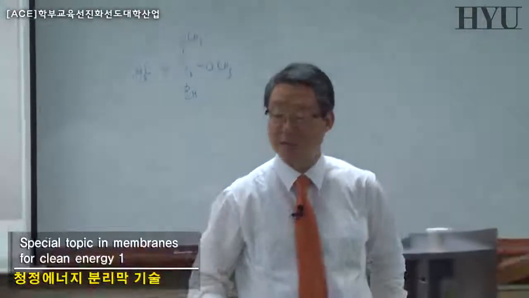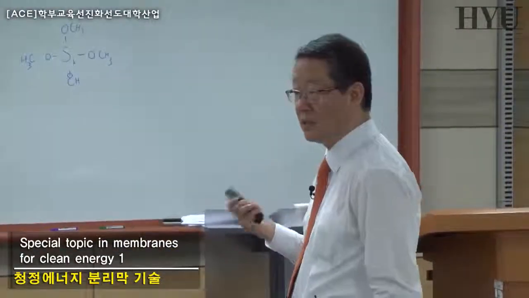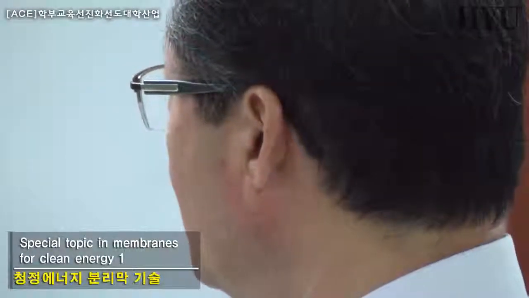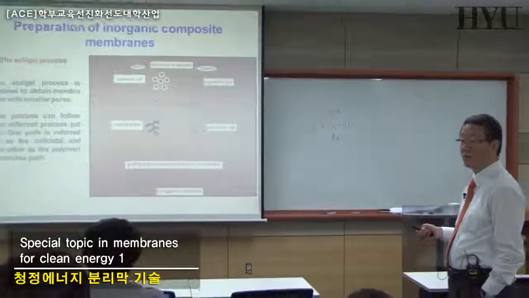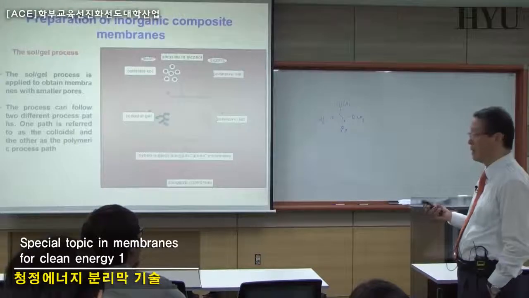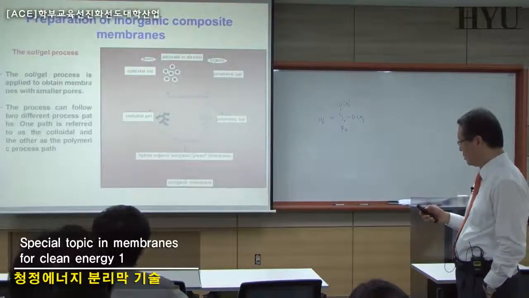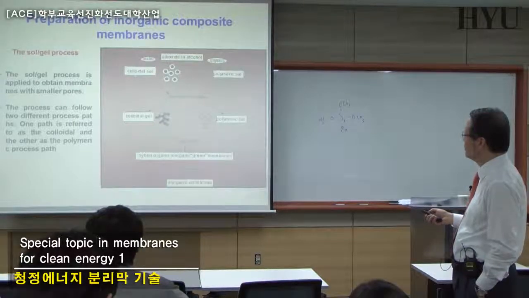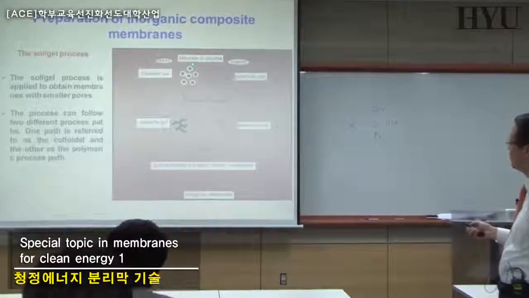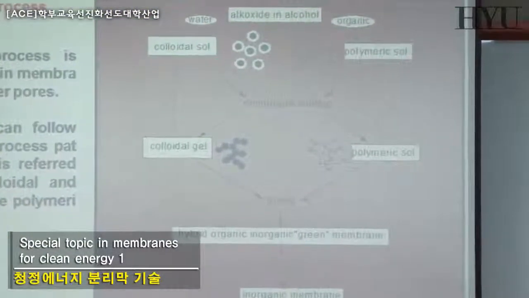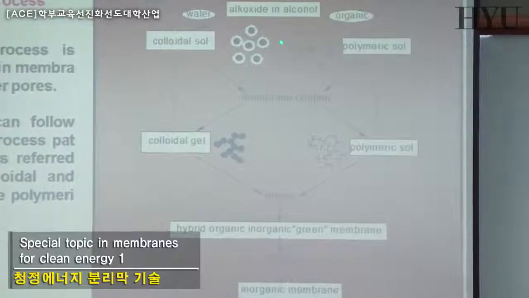The alkoxide could be easily hydrolyzed to become hydroxide. This silicon tetraoxide is very reactive. It could become hydrolyzed to become the silicon oxide, so that you can make the Zoll in the alkoxide in the alcohol, and if you put the water, then it will be hydrolyzed to become hydroxide.